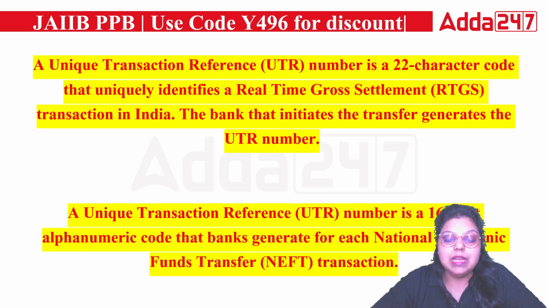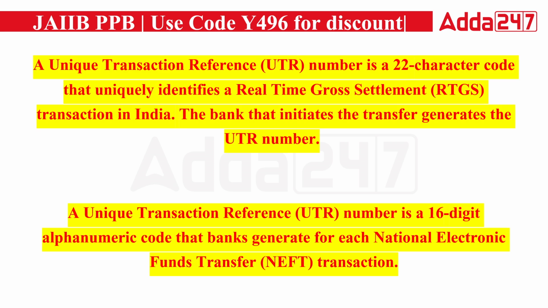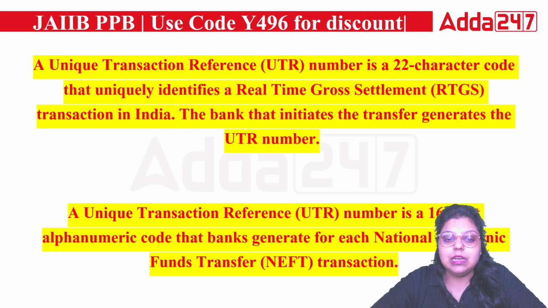Second, we have the UTR number of NEFT, that is National Electronic Fund Transfer. It is also a 24/7 service, but in NEFT there is no minimum and no maximum limit. In NEFT there are 48 half-hourly batches because it works 24/7, and the UTR number of NEFT has 16 digits. Okay, so these are the UTR numbers.